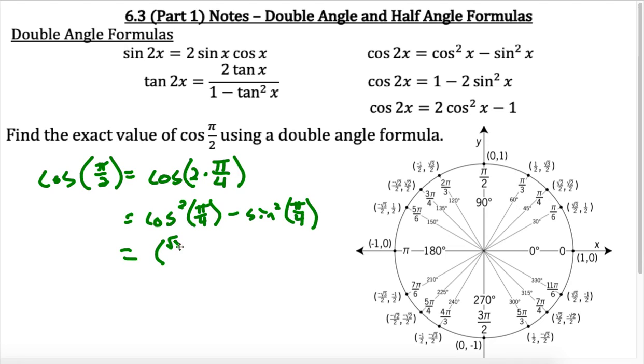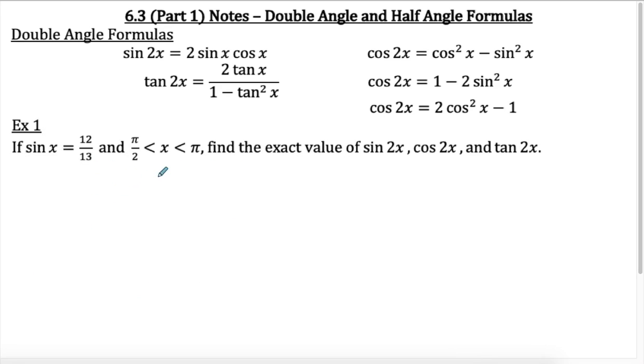So we'd have the square root of 2 over 2 squared minus the square root of 2 over 2 squared. I don't really need to multiply this out because I can see it's the same thing minus the same thing. We just get 0. And the cosine of pi over 2 we already knew was 0. This was just a more complicated way of finding that. So we're not really going to use the double angle formulas for something like this.